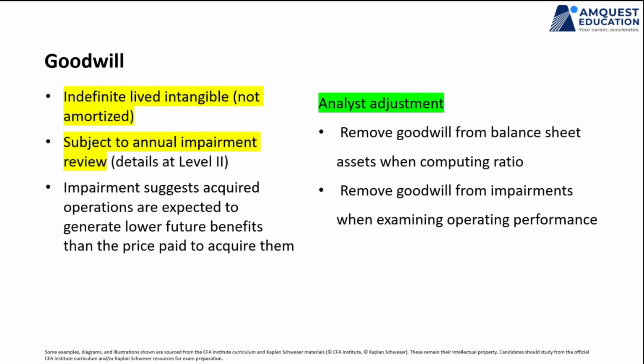Impairment means loss of value for goodwill. Impairment suggests acquired operations are expected to generate lower future benefits than the price paid to acquire them. So impairment means therefore loss of value or loss of utility. So goodwill is not amortized, but goodwill is typically tested for impairment on an annual basis.